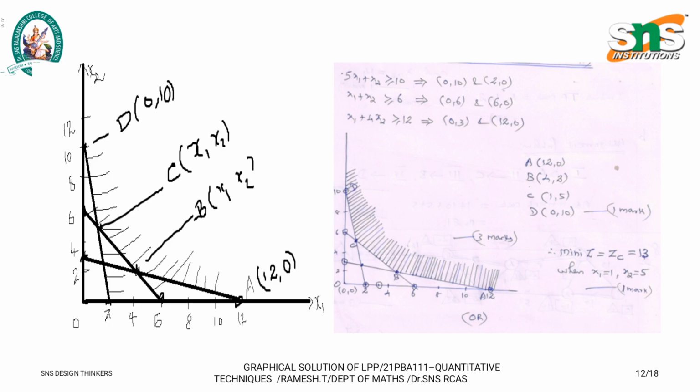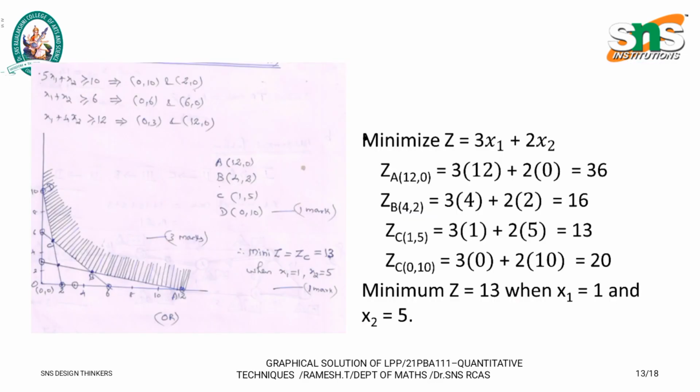We solve the equations and find the values of x1 and x2, then calculate the coordinates of B and C. The objective function is z equals 3x1 plus 2x2. The coordinate point of A is (12, 0) and the value is 36.